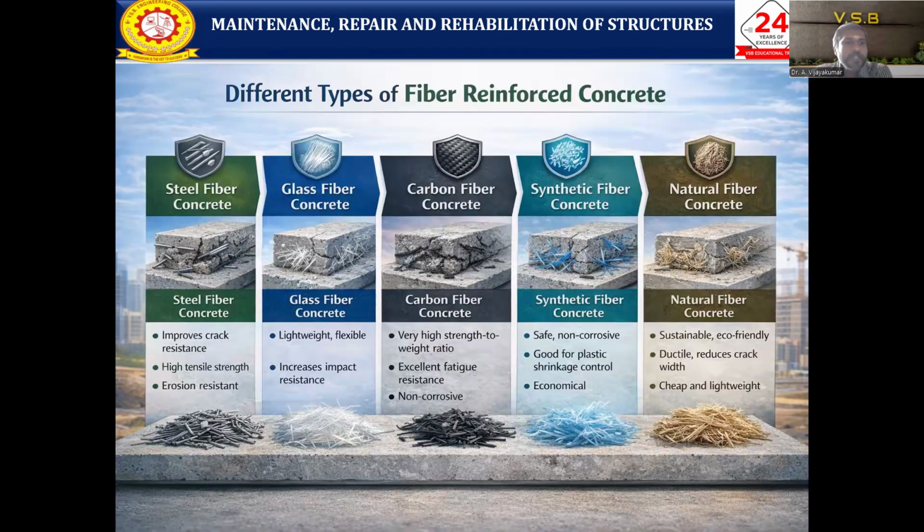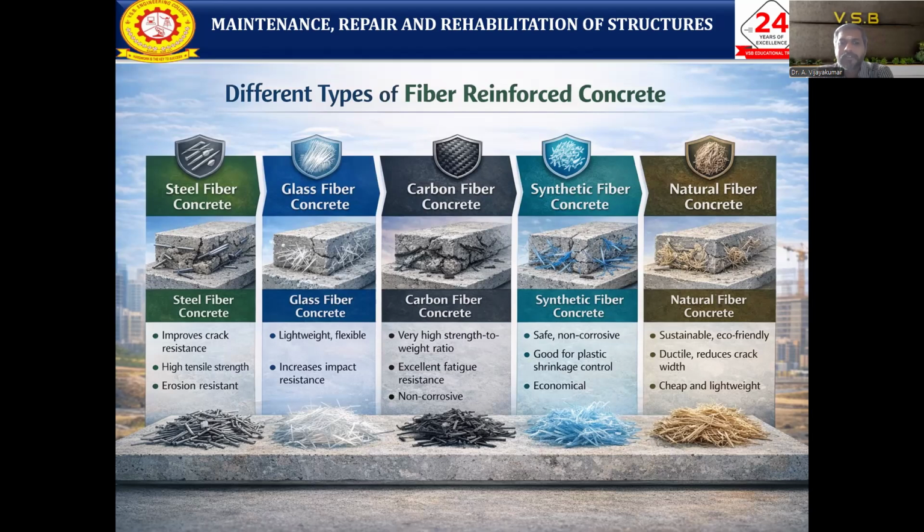When you use steel fiber, crack resistance improves, tensile strength increases, and erosion resistance also increases. Glass fiber concrete is lightweight and more flexible compared to other concrete, increasing impact resistance.